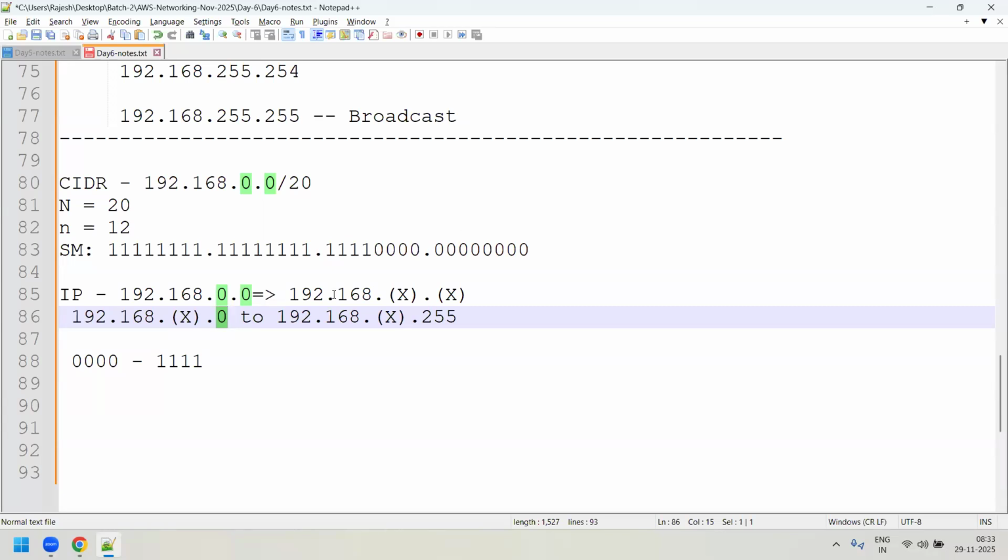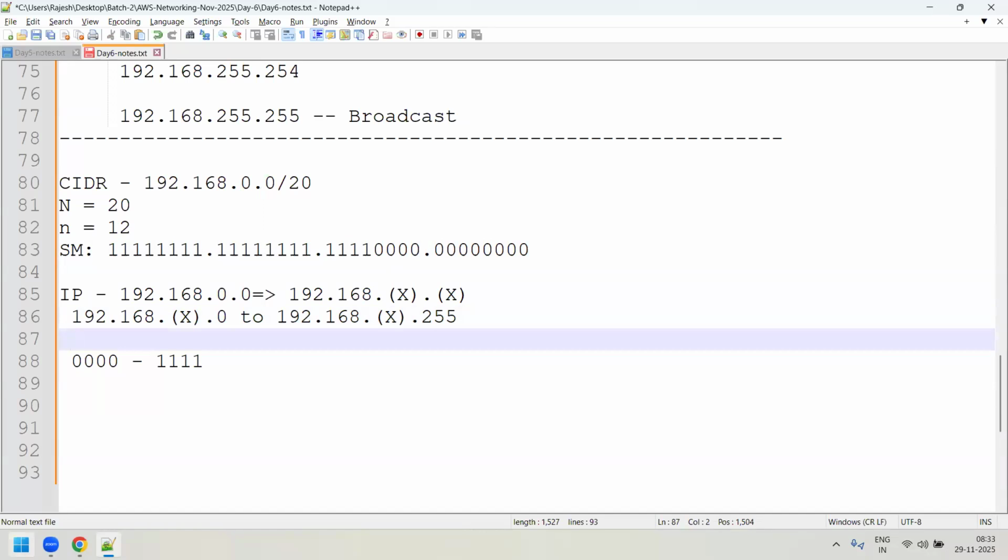Okay. Right? Now, if it is 0000, here 192.168, the third octet is 0 as per the IP, plus X, dot 0, to 192.168.0 plus X dot 255.